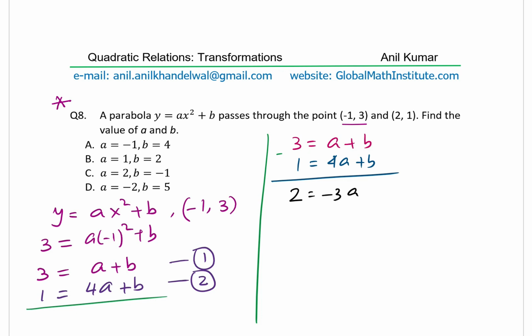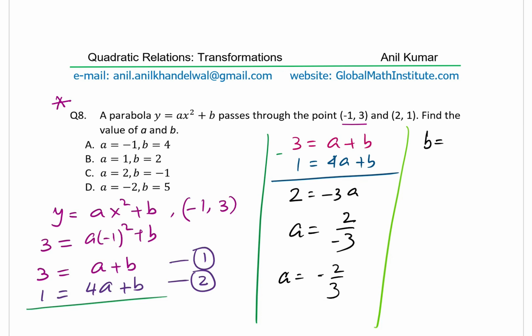That cancels. And so we get the value of a as equal to 2 over minus 3, which you could write as minus 2 over 3. Now, substituting this value, we can always find the value of b. So we know from here that b is equal to, you could use any one of these equations.